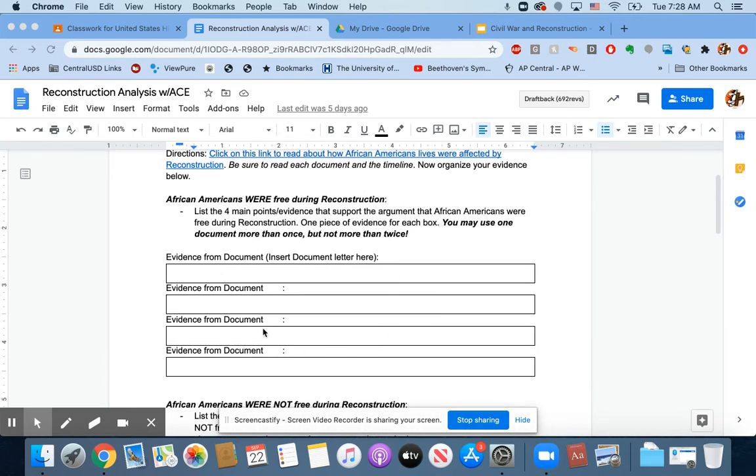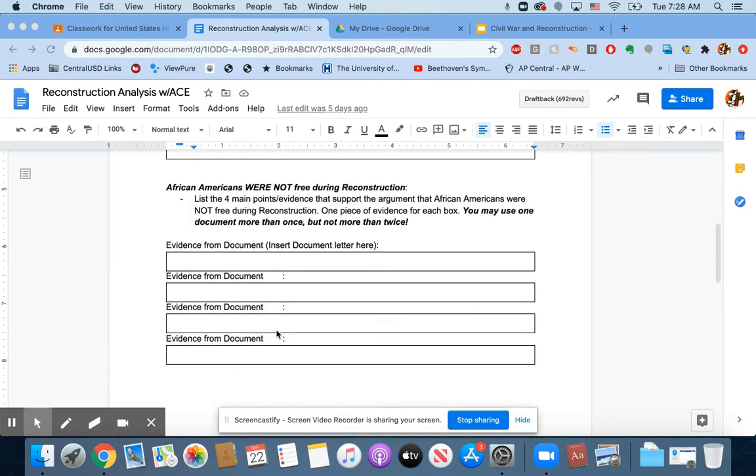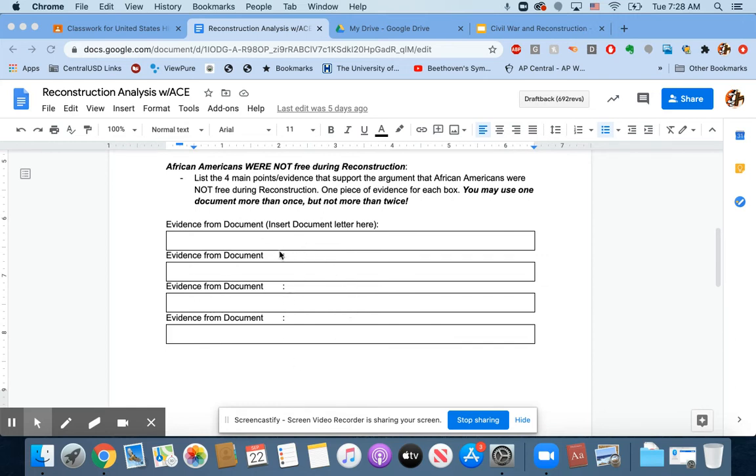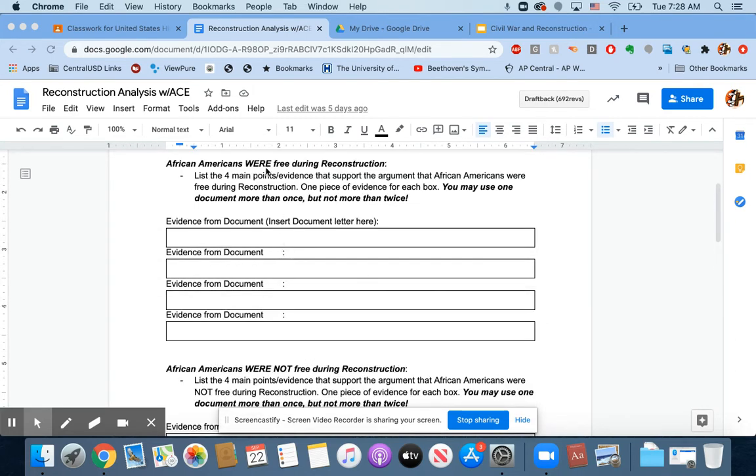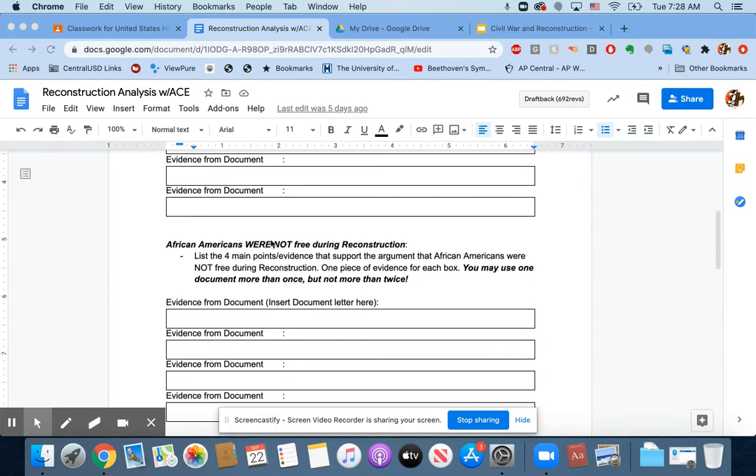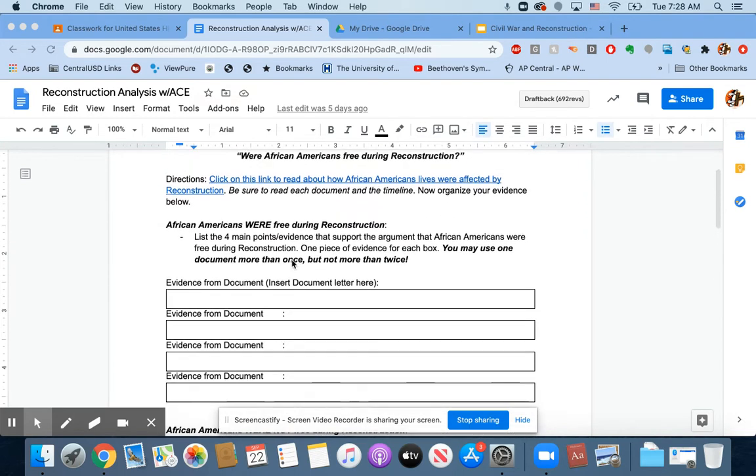You can see this document is broken down so that you're going to put 4 pieces of evidence that argue that African Americans were free, and 4 pieces of evidence that argue that African Americans were not free during Reconstruction. By looking at both sides, you can then decide on your own whether you want to answer the ACE response with they were or were not free. So why don't we do one together to show you exactly what it is you'll be doing.